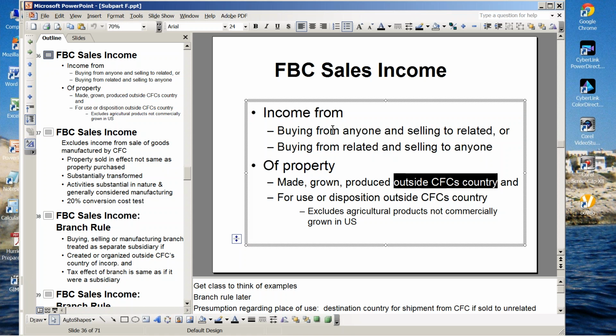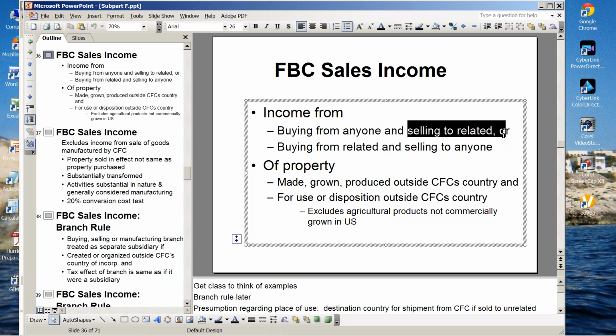So if our Hong Kong subsidiary is buying some clothing from an unrelated manufacturer in China, and then selling it to any company within our worldwide group of companies, then the profits from buying and selling that clothing is subject to Subpart F.